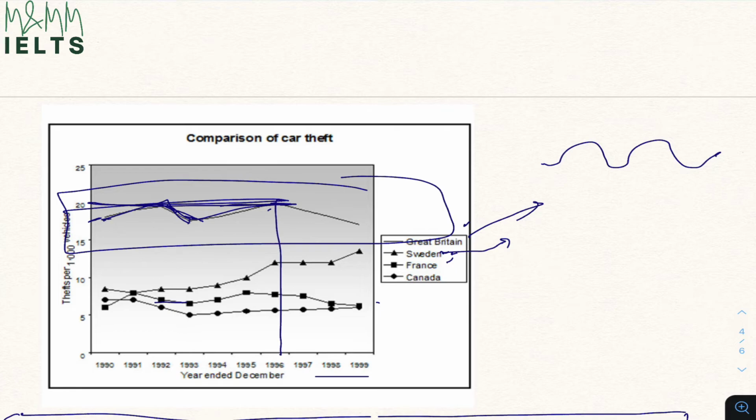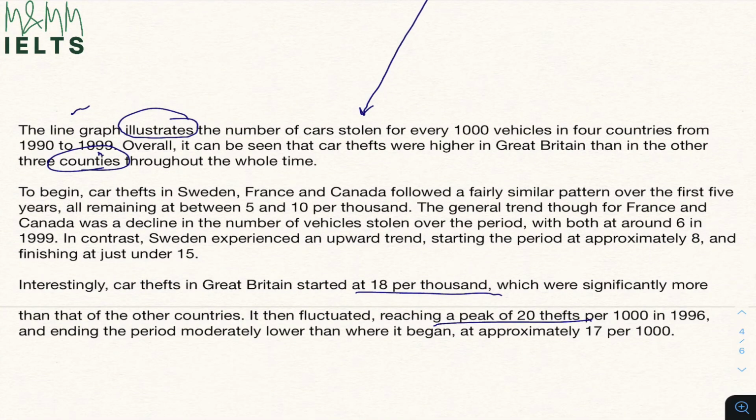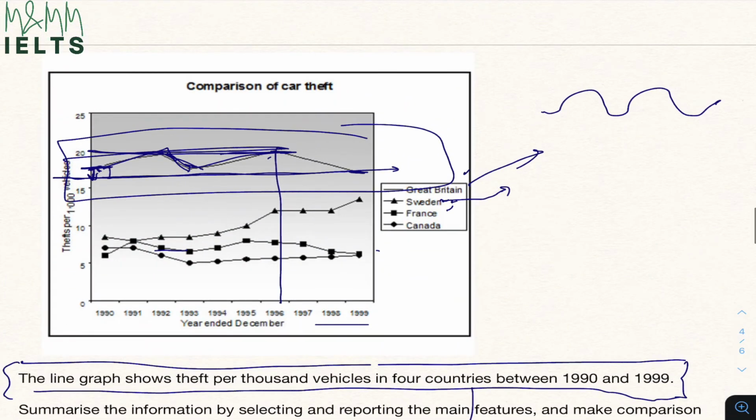So as you can see, it began here, but it ended over here, which is slightly lower. Because it's not a big difference over here, I've used the word moderately. So what I've said is, and ending the period moderately lower than where it began at approximately 17. So it started at 18 per thousand, but it ended at approximately 17.